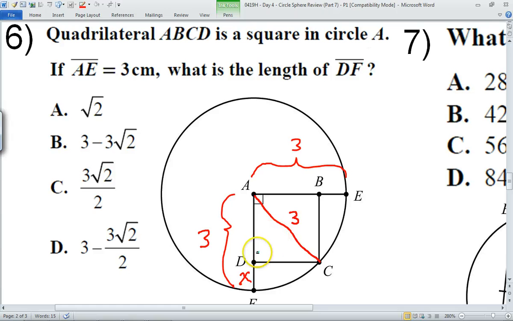Okay? Now, how many degrees are in this triangle? You see this? This is a 45, 45, 90 triangle, right? Because it's half of a square. So we can use our properties of 45 degrees. Now, it is the slightly more difficult version because they gave us the hypotenuse. Okay?